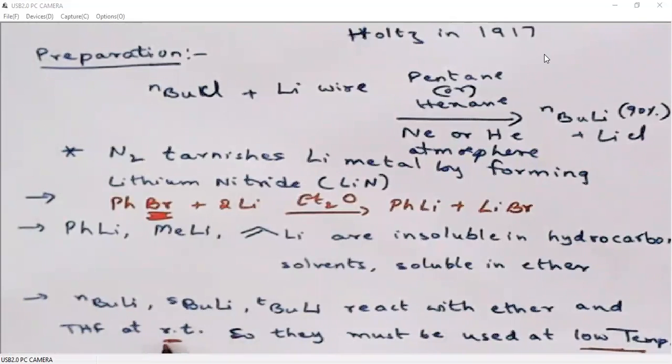At room temperature or above, these reagents will react with ether or THF. They will pick up a proton or act as nucleophiles. To avoid such side reactions, we apply low temperatures when using ether or THF as the solvent.